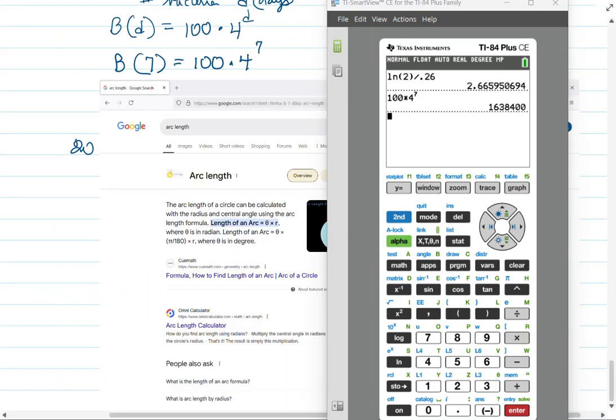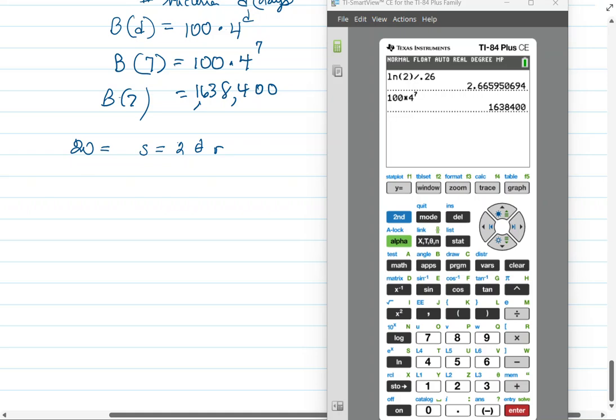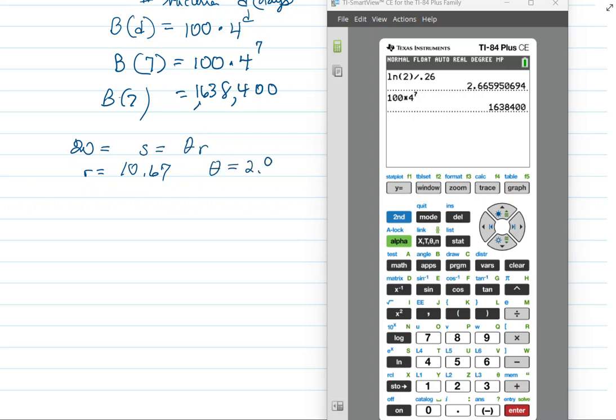Sometimes my memory, because I know the 2, so it's theta r, and theta is in radians. And they gave us 10 and 6700ths is r, and theta is 2 and 9 radians, and that's what we need. So what is S? Oh, we just multiply. I'm sorry. That's all we're doing.